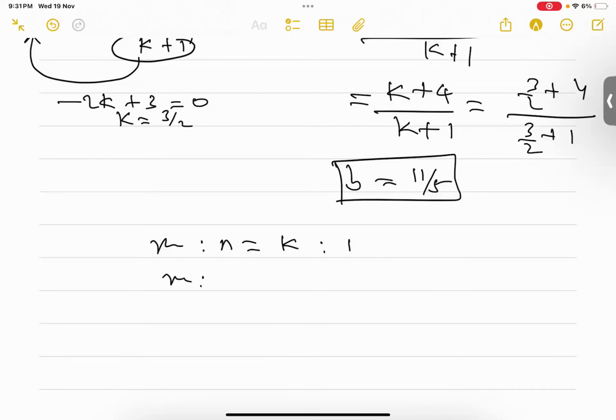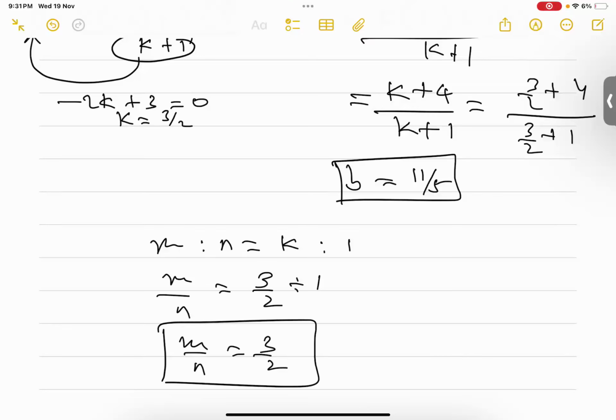So m is to n, that is m upon n, k is 3 by 2 divided by 1. So m is to n is equal to 3 is to 2. Right?